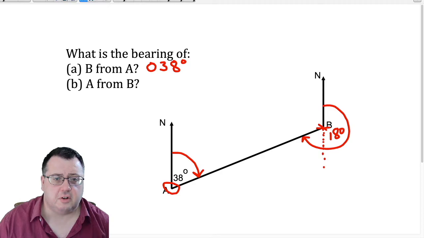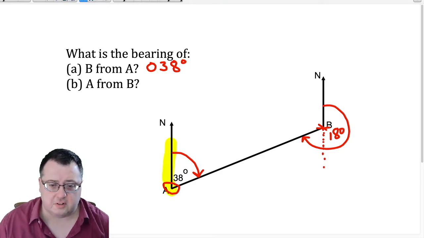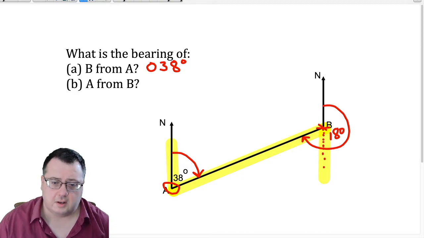We've not covered it yet on the channel, but there are videos on this elsewhere. You have a set of parallel lines here with these two north lines, and you've got an alternate angle there.